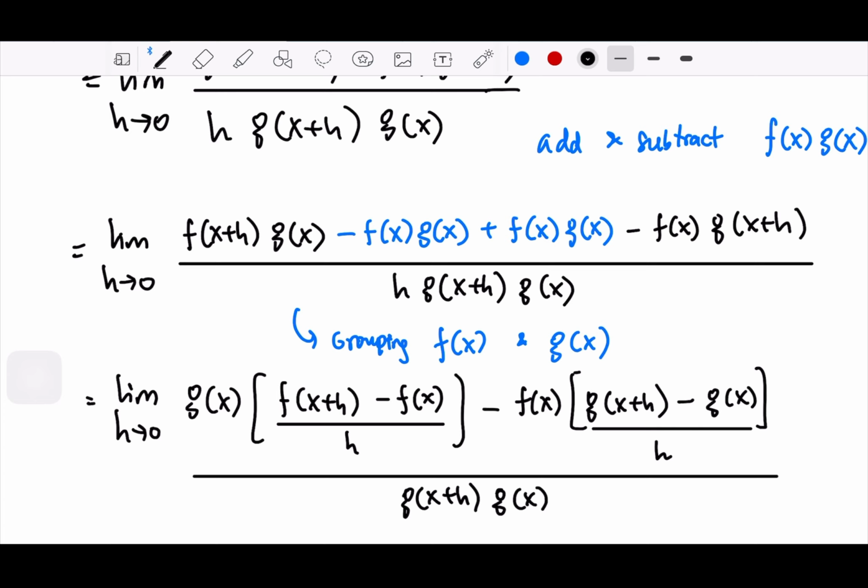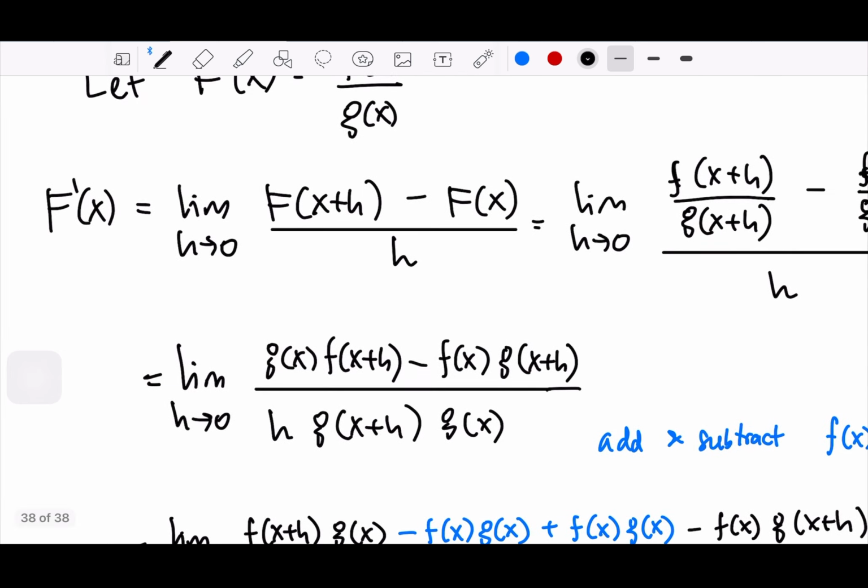My suggestion is, if you want to clearly understand what's going on here, you can try doing the same thing from the very beginning without looking at this, and start thinking how we can make it into our proof for the product rule or the quotient rule.